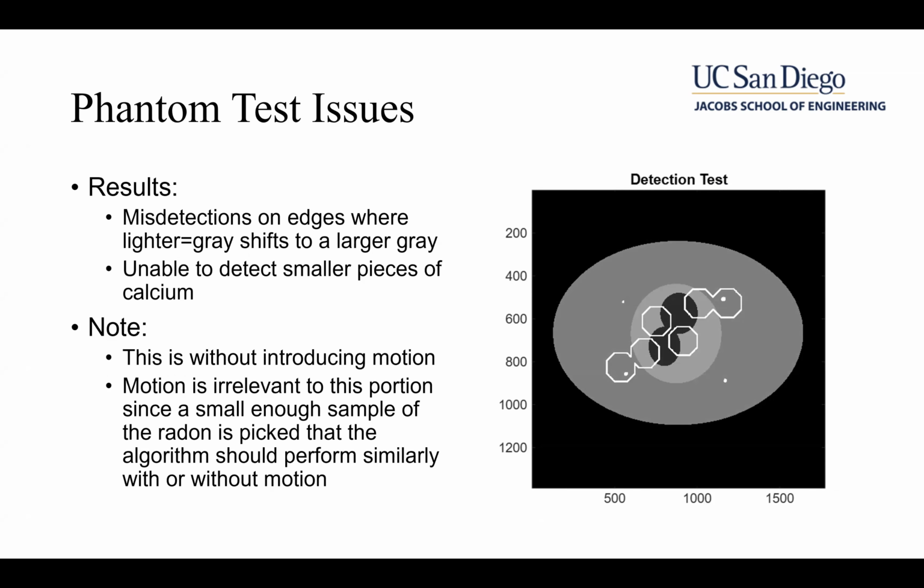And as a result, when you run this algorithm, it ends up detecting the edges between the dark spots and the bright spots in the middle of my phantom, as opposed to just the bright simulated calcifications.